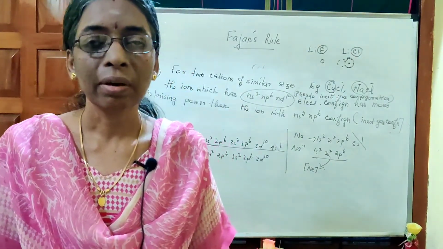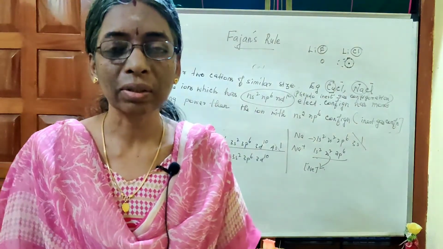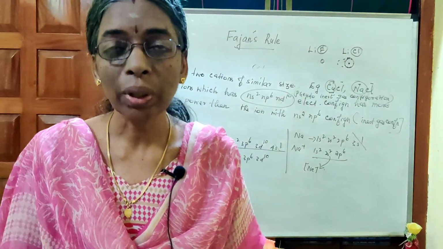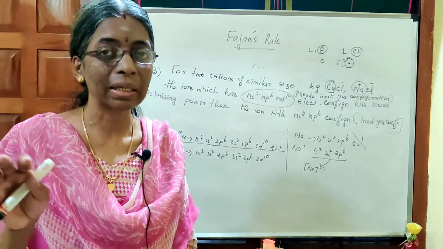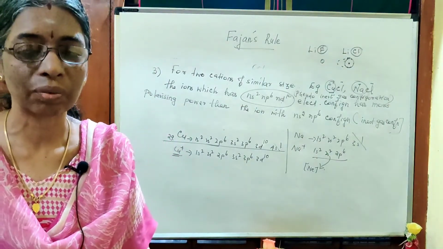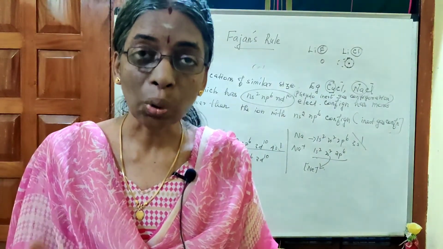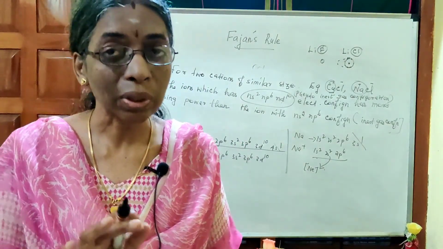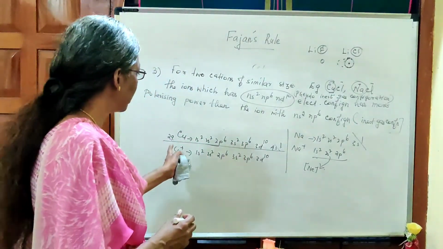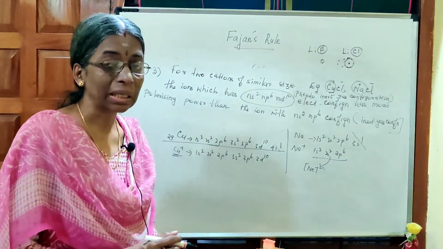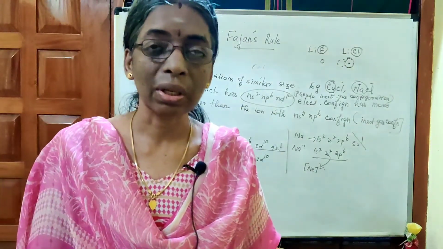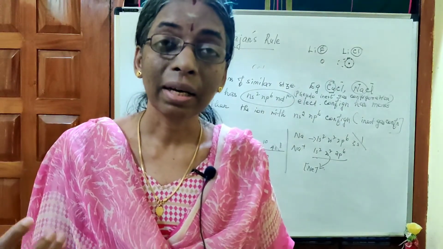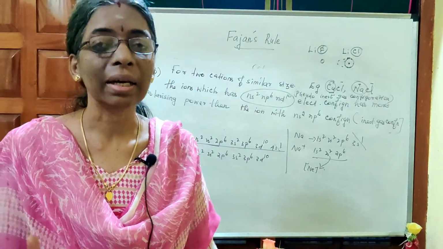Then third point is: when two cations are of similar size, the ions which have pseudo inert gas configuration, that means it doesn't attain inert gas configuration, appears to be inert gas configuration, but actually it is not. Copper is 29, if one electron goes you get only 28. That is not inert gas configuration. So that cation will have more polarizing power than the ions which show inert gas configuration.